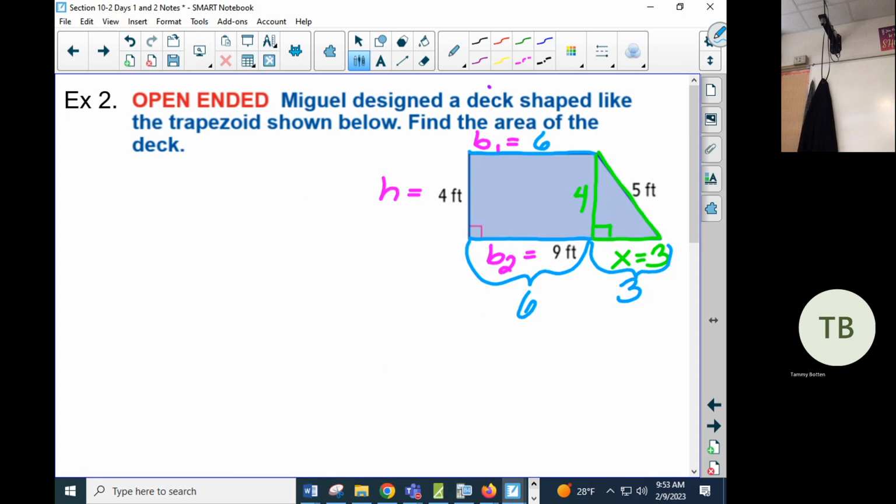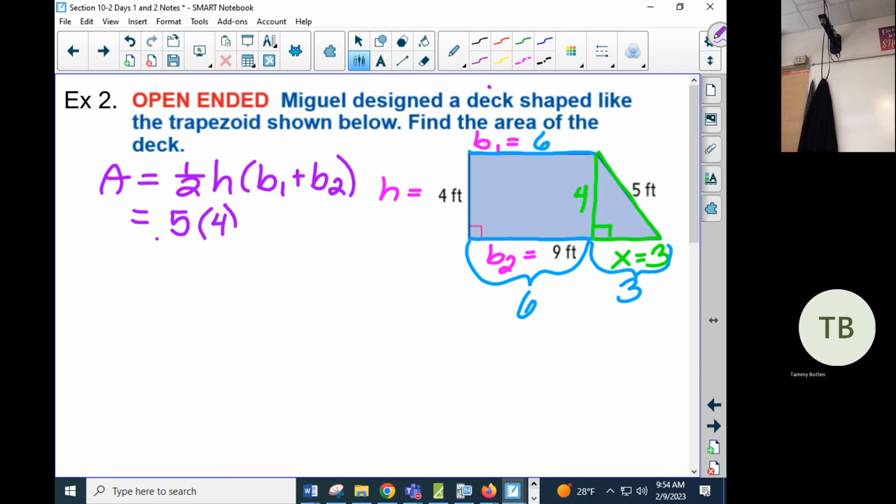So that's kind of a lot of work to find what that top base is. And then what I would do is do area is 1/2 height times B1 plus B2.